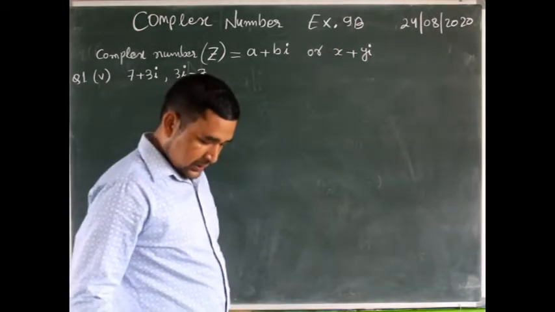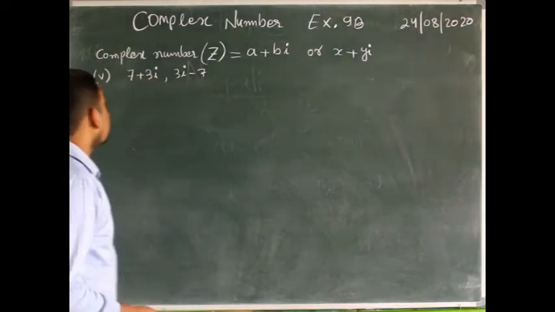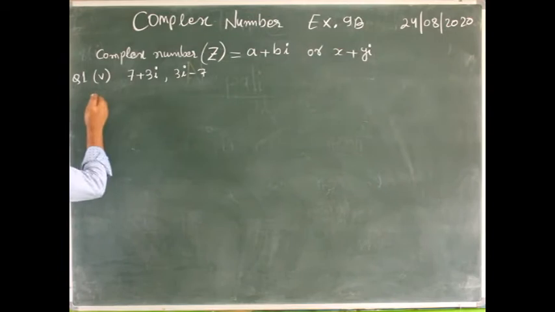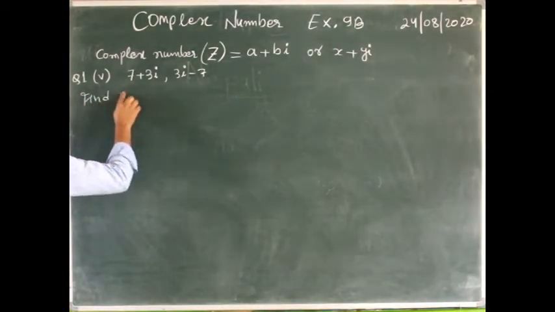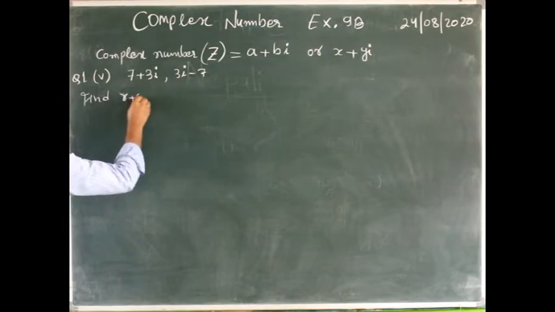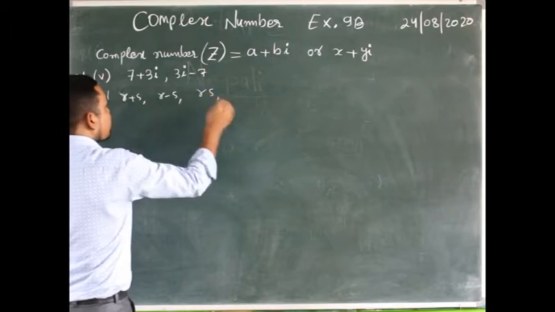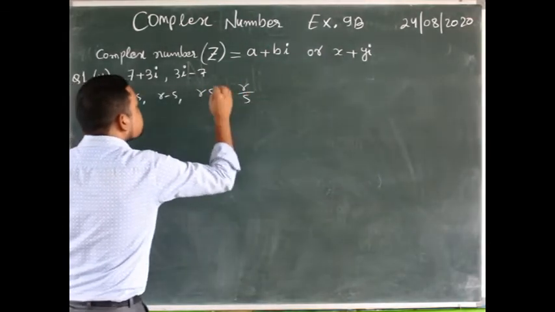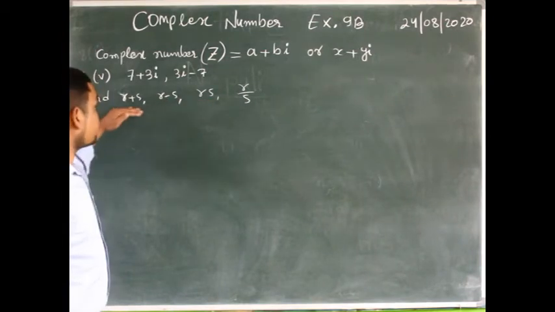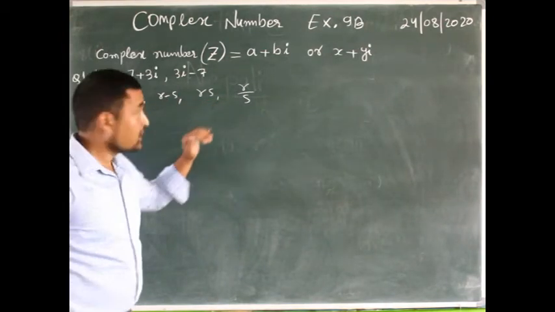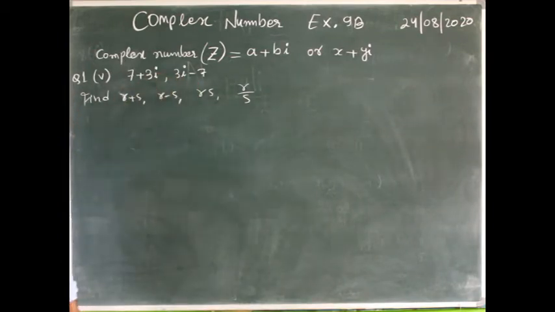The question asks to find r plus s, r minus s, r multiply s, r divided by s. The question asks to find the value of all these expressions. The first number represents r and the second number represents s.